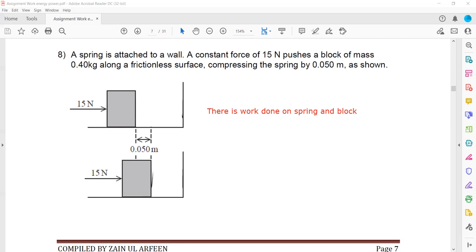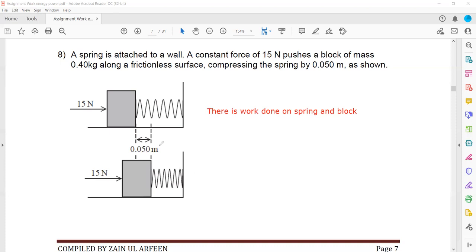But as you can see in the figure, there is a spring as well as the block. So the work done is actually on the spring and the block both.